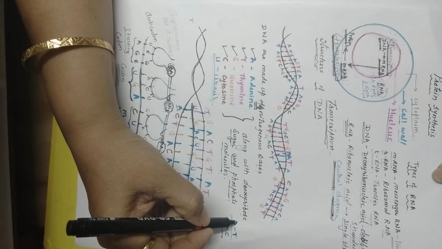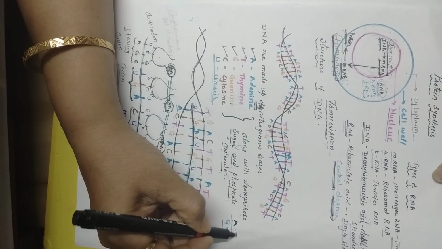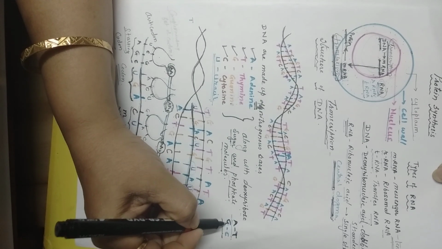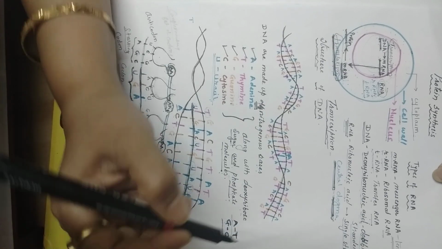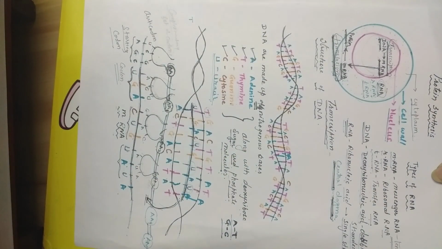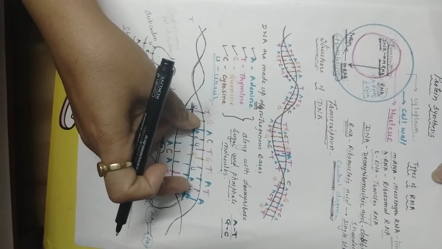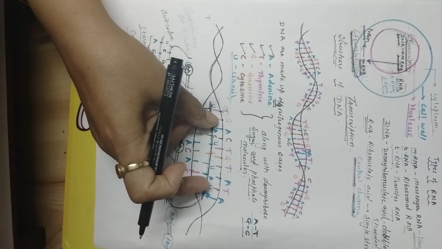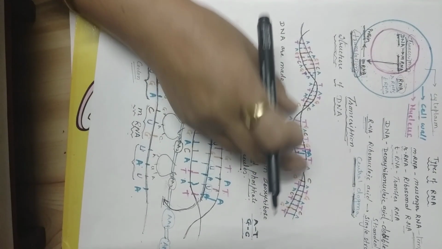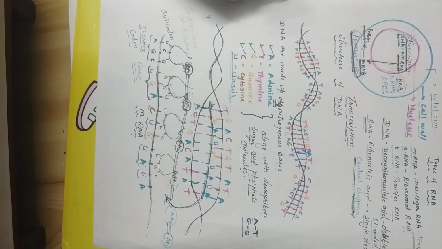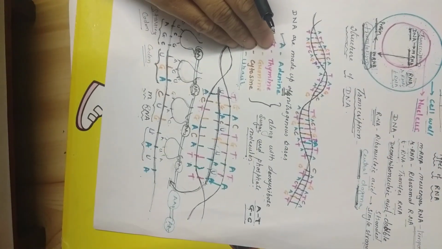So in this way the structure of DNA is there, and always adenine paired with thymine and guanine paired with cytosine. Now at the time of protein synthesis, some part of DNA gets unwound. For example, if this part of DNA is to be unwound, this part is unwound and the remaining part is twisted, only this much part is unwound.